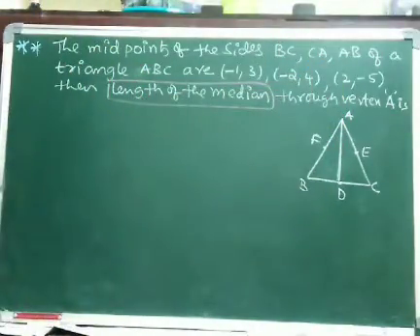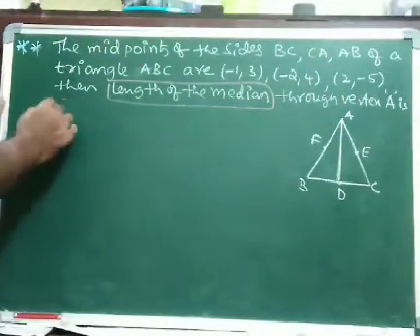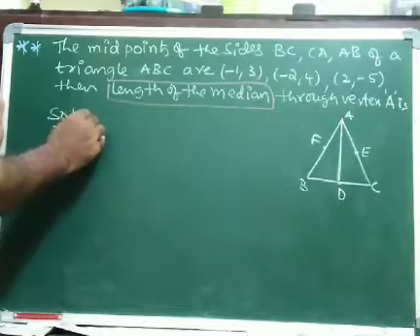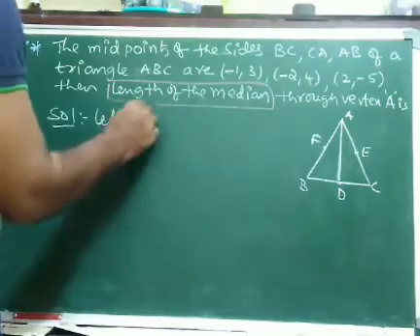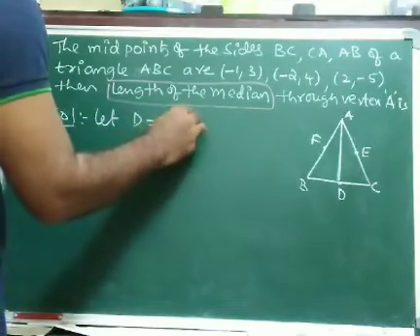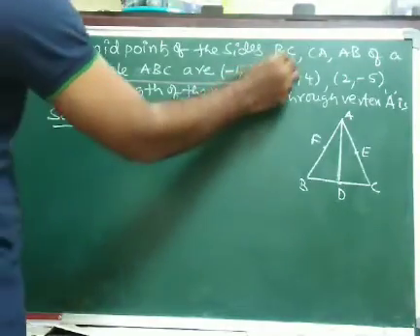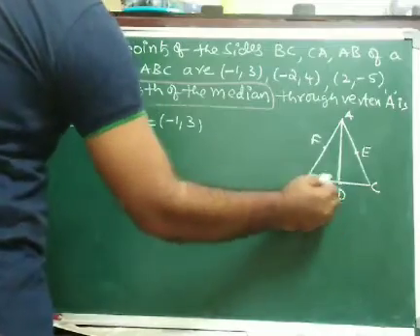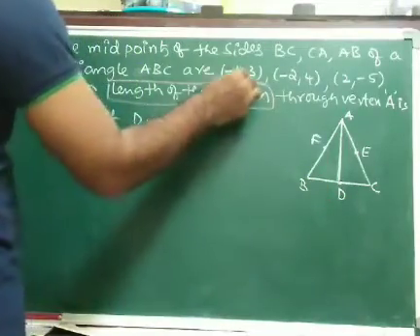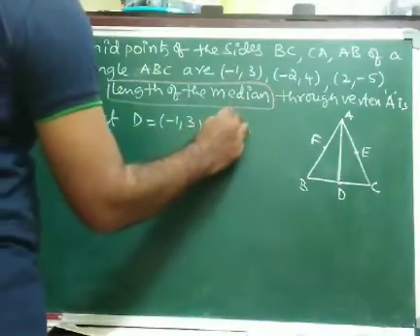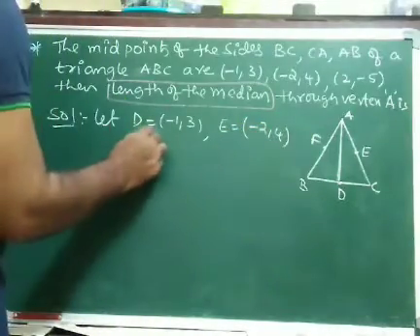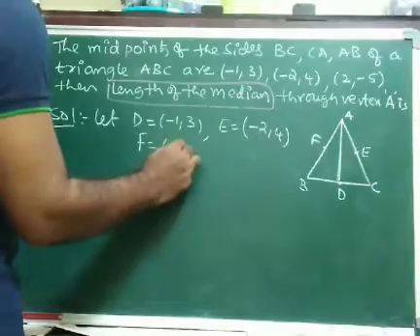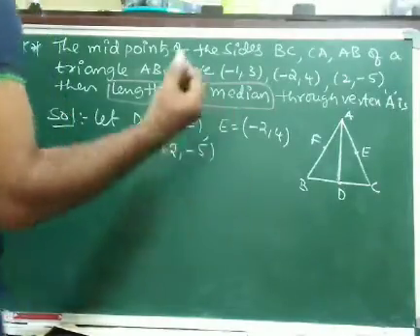Only AD is required. So coming to the solution, let the midpoints given be considered as capital D. Is it not? D is nothing but the midpoint of BC. I considered the midpoint of BC as D. That's why the first point is D, followed by E equals minus 2 comma 4 and F equals 2 comma minus 5.